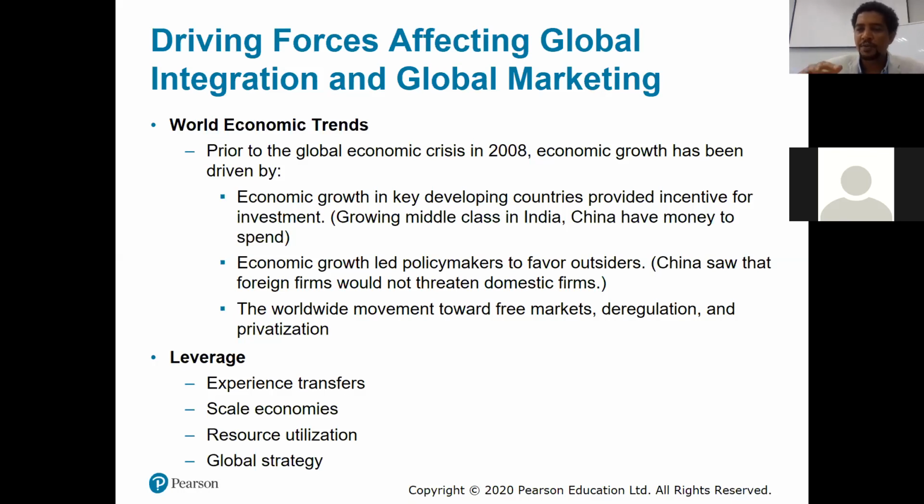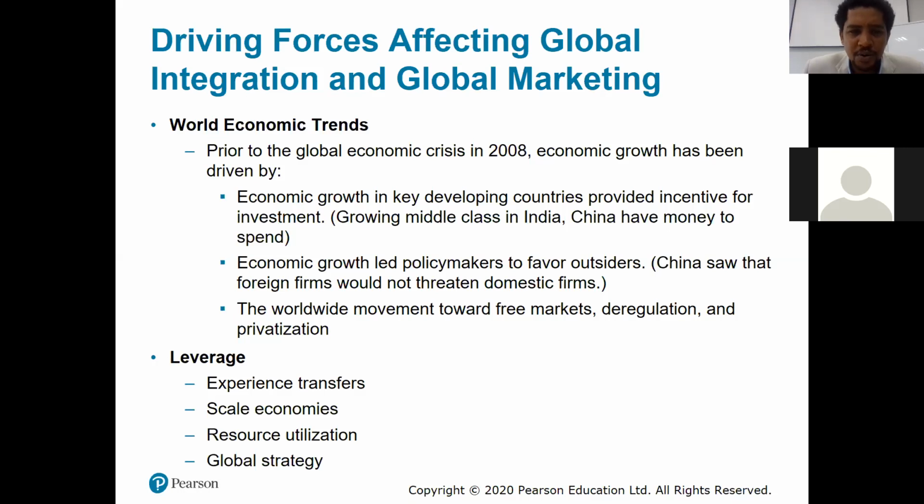For example, if the economy of the US is hit hard, then this has a negative impact on global marketing, right? So economic growth is key. In key developing countries provide incentives for investment, like the growing middle class in China and India have the money to spend, so that's good for global marketing.